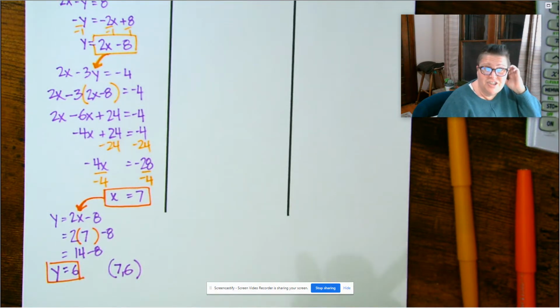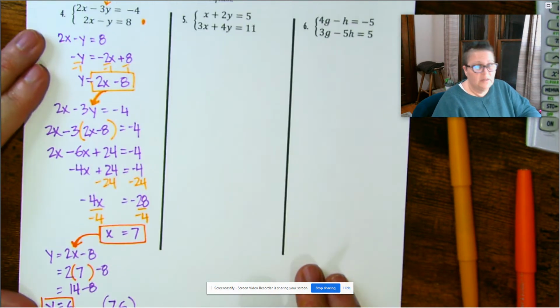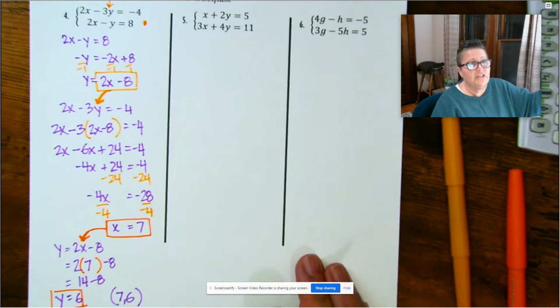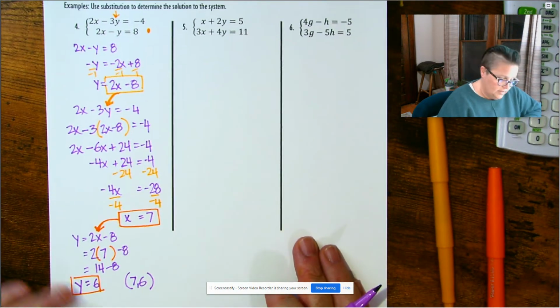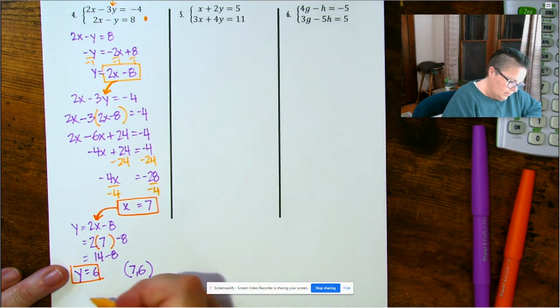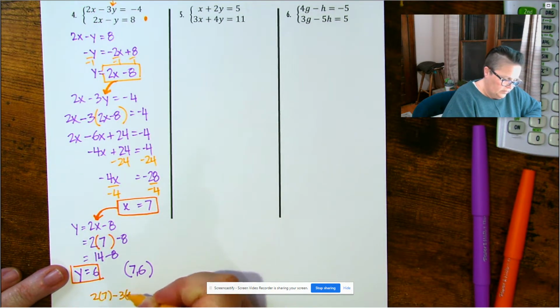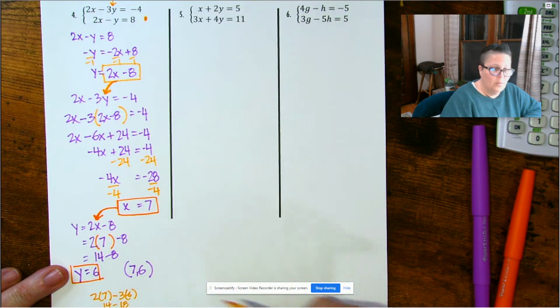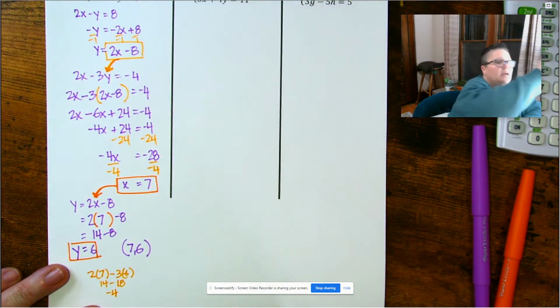I now want to check it. To check it, I go back to the original equation. And to do that, I'm going to come down here at the bottom. I'm going to have 2 times 7 minus 3 times 6. That's going to be 14 minus 18. That's negative 4. Oops, sorry.